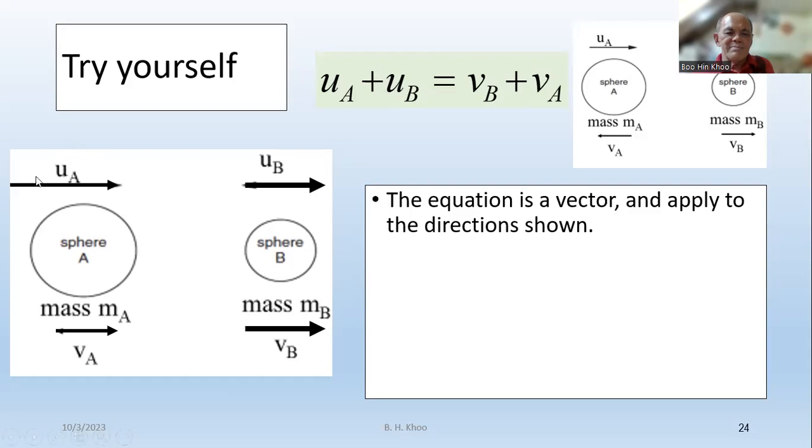That one is in the same direction. That one is in opposite direction. So that one becomes negative. That one also opposite direction. So this one becomes negative. This one in the same direction. So it's positive.